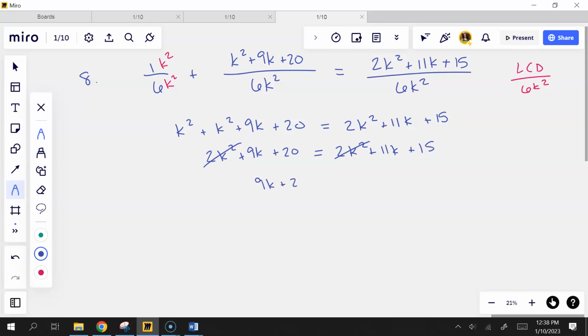Oh my gosh, you can cancel this out. Don't look before you've tried it.